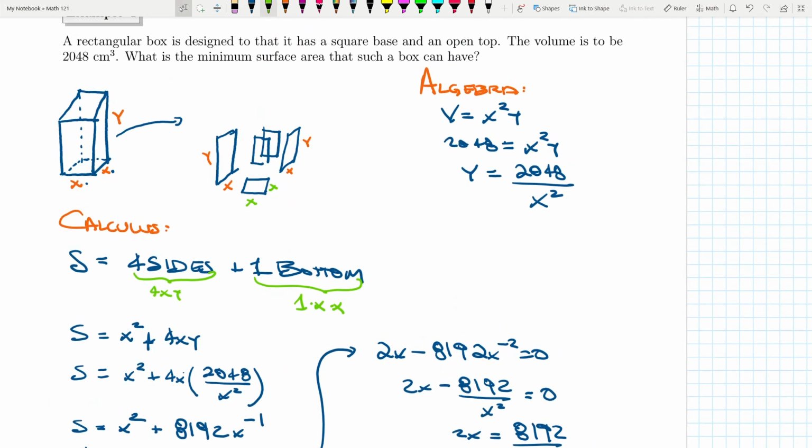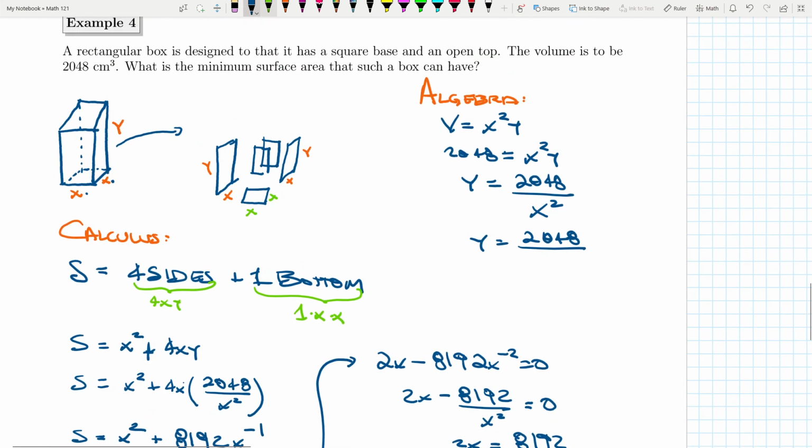So what are we going to have? Go back to the algebra part. 2048 divided by 16 squared, using a calculator, should give us 8 feet. So this means that this open box will have dimensions 16 by 16 by 8.